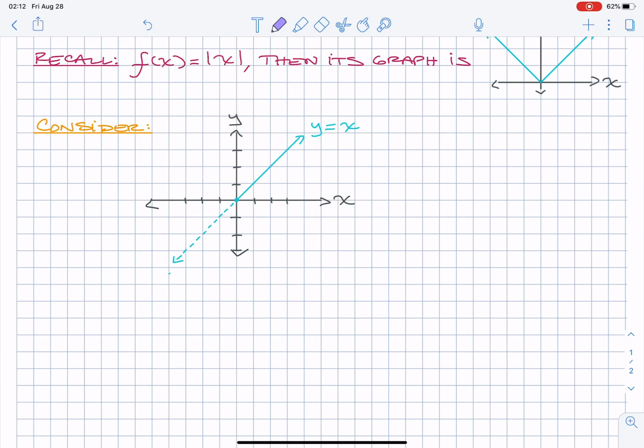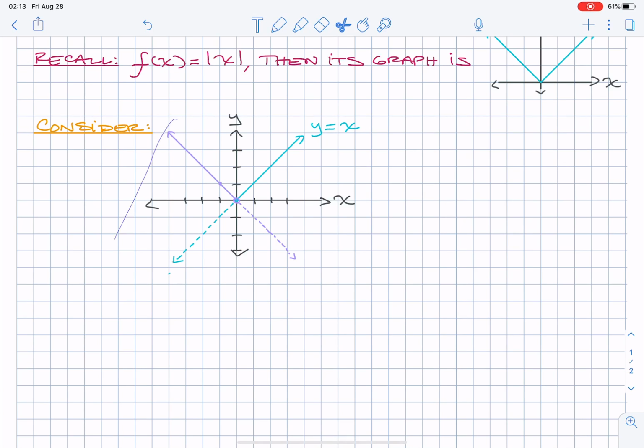Similarly, let's look at the other part of the absolute value function. Let's say it's open here at 0. The absolute value of -1 is 1. The absolute value of -2 is positive 2. The absolute value of -3 is positive 3, etc. And if I were to continue this all the way to the right, this would be the graph of y is equal to -x.